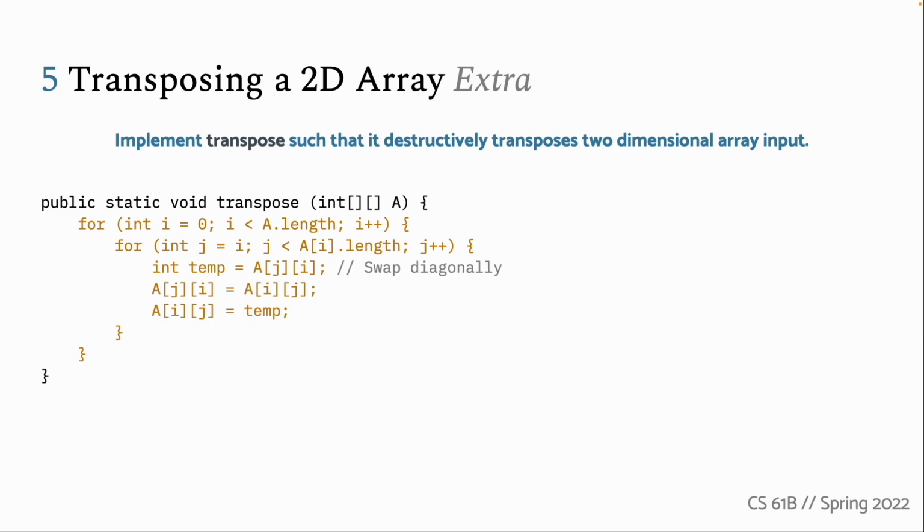And the reason we're doing that is the same reason that we only looked at the first half for all of the other swapping based array code things that we just did. Because if we go through everything, we're going to end up swapping it twice. And so we're going to end up right back where we started. So here what we're doing is we're only going through half of this 2D array, and then we're going to swap diagonally, which again is very similar to what we did in part 3B. A[j][i] becomes A[i][j] and vice versa.